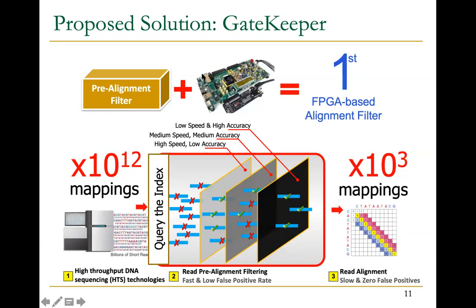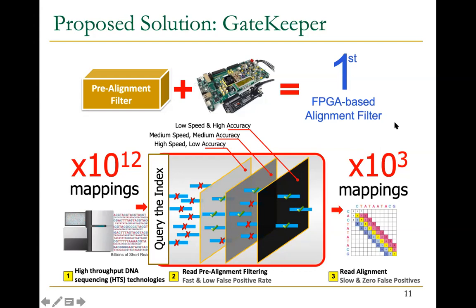Okay, this is a general overview about GateKeeper. GateKeeper, at the time when we proposed it, was the very first pre-alignment filter to be implemented on FPGA or accelerated using hardware. And what we do, we have the sequencing over there, providing all these genomic sequences, very short or long, but still not as long as a chromosome, for example. And we have the index, the hash table that tells us, okay, each location or each piece of this read might have similarity with the reference genome at this location, 1, 10, 100, 1,000, for example.